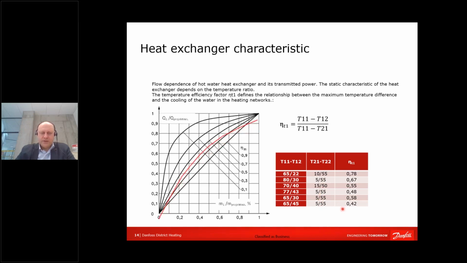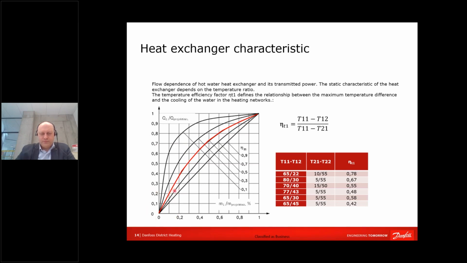When we are speaking about domestic hot water, normally we have a bent curve of the heat exchanger. It means that if we have 100 flow, we have 100 energy. But if we have 50 flow, we have 70 plus power.